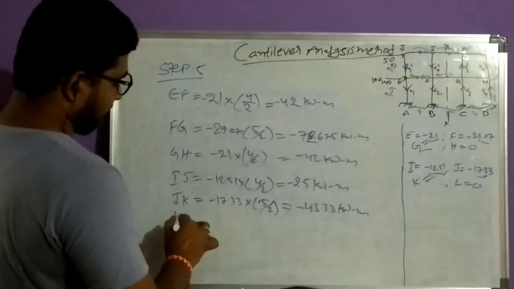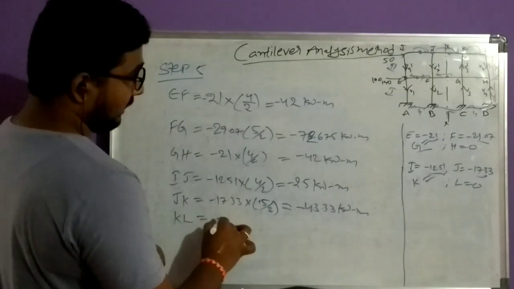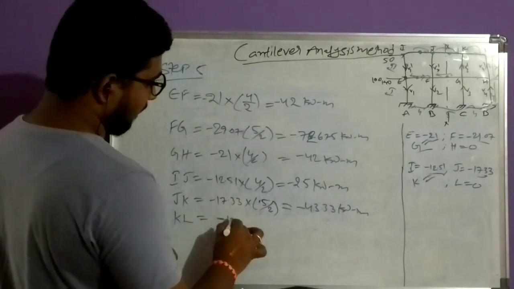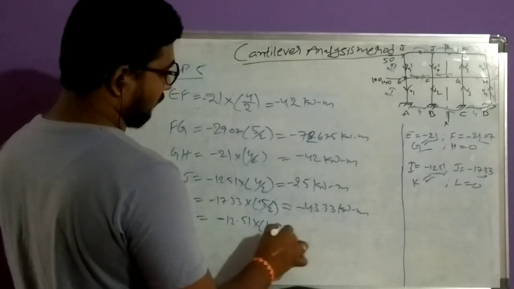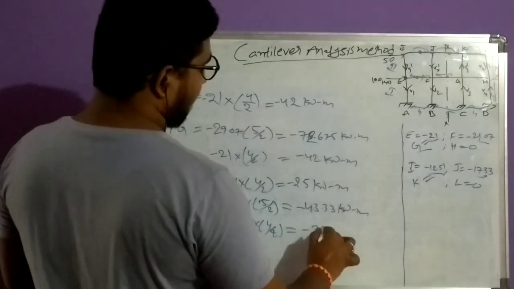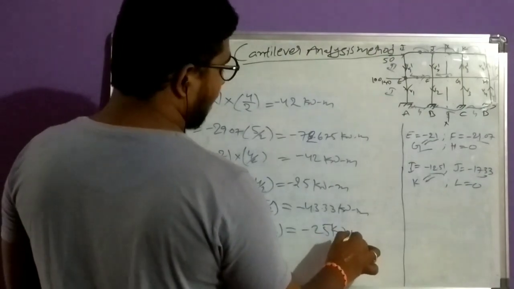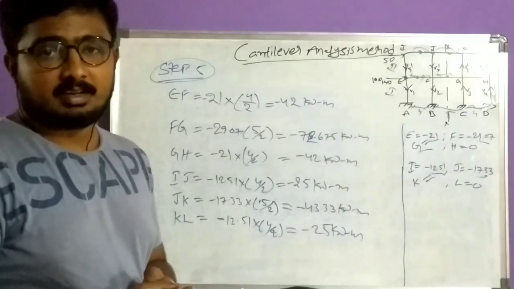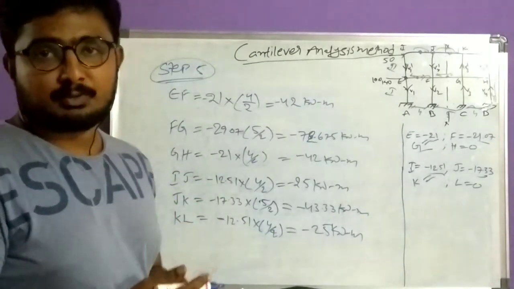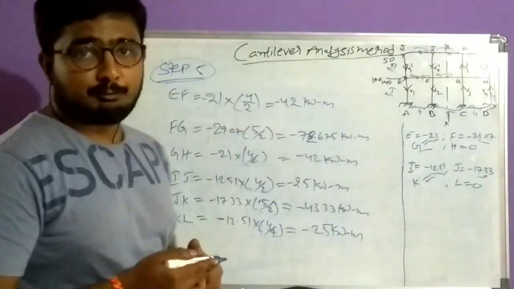In the last beam of the frame, which is KL, we know the value of minus 12.51 again into span by 2, 4 meters divided by 2, which is 2 meters. We will get minus 25 kilonewton meter. In this way, by using 5 steps, we calculated the axial forces, shear forces and bending moments in the given frame.